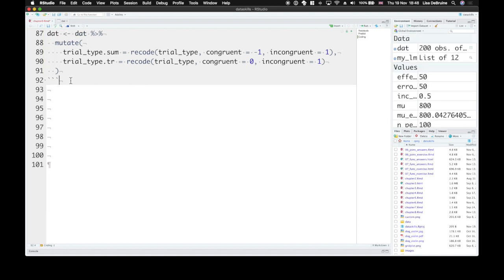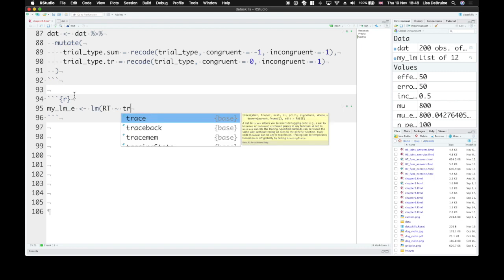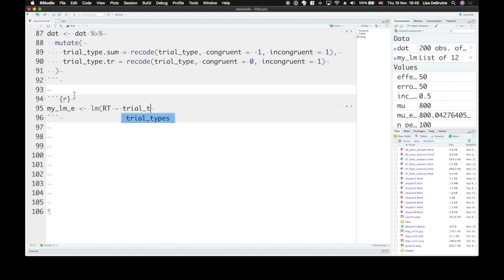So now we can rerun our linear model. So my LM, let's rerun the effect-coded one. So we're predicting RT based on the effect-coded trial type.